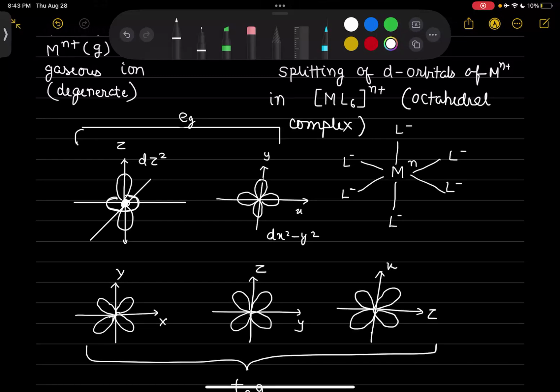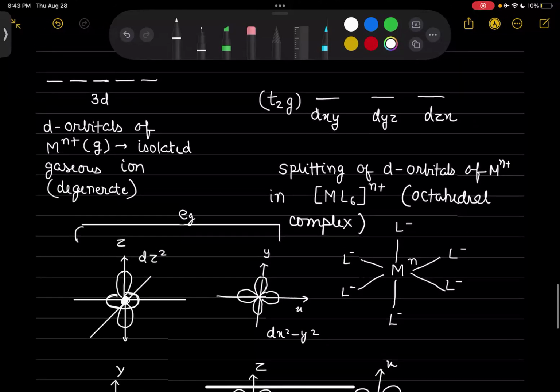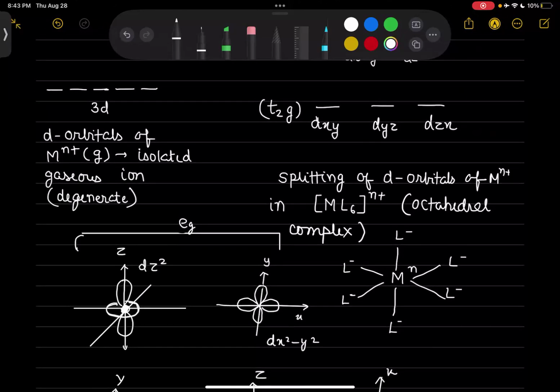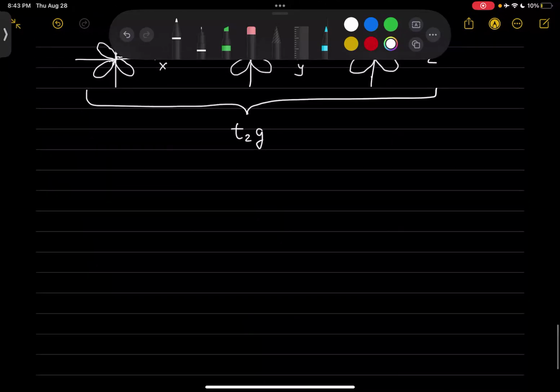So how is this going to impact the energies of the d orbitals, the splitting of the energies of the d orbitals in a complex? The pattern is going to be different in different arrangements.